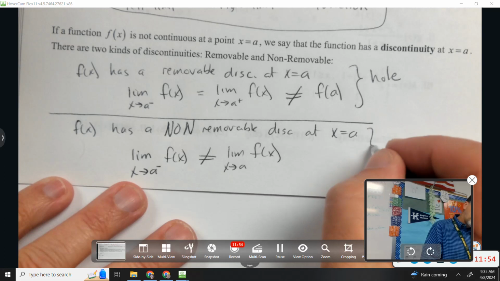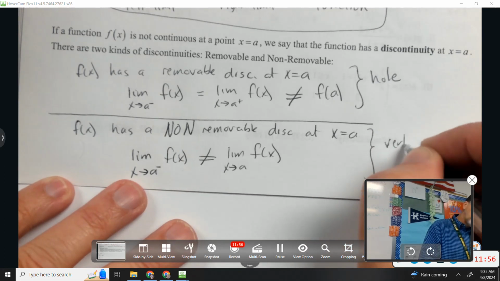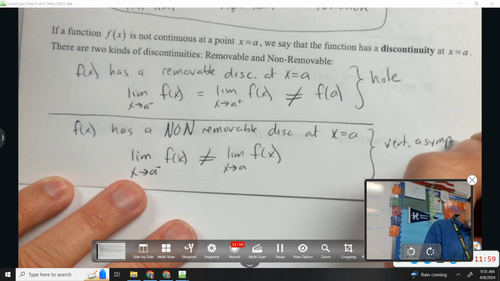So again, that's either a vertical asymptote or a jump.